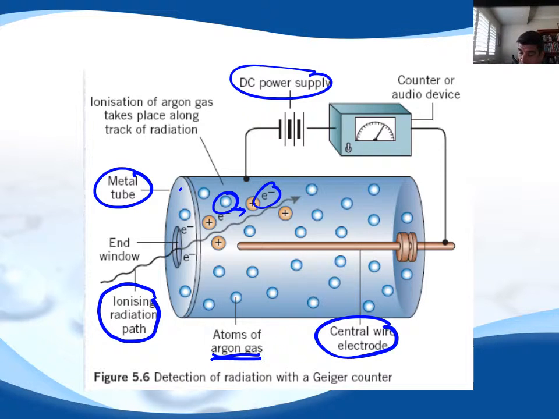And those, of course, will then be taken towards the positive component of this circuit, and the argons themselves will move towards the negative. The counter is actually set up in series with the potential difference with the electrodes, in order that as the electrons are passing through, they will also be passing through the circuit and will be counted.